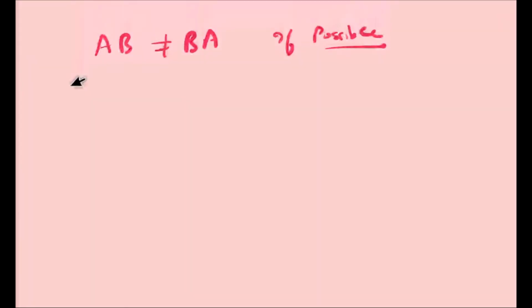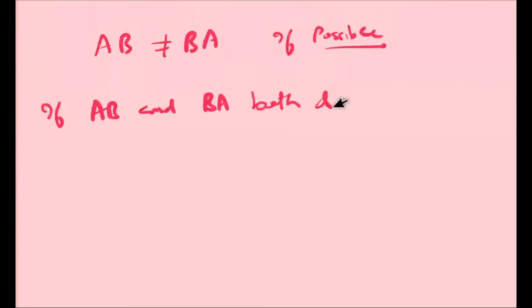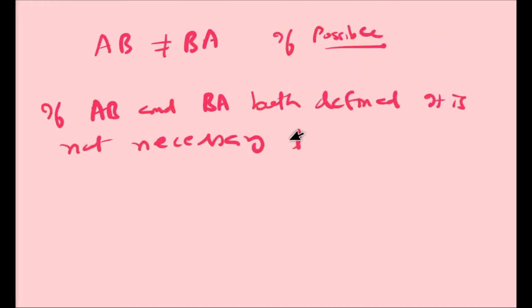So we can say if AB and BA are both defined, it is not necessary that AB equal to BA.